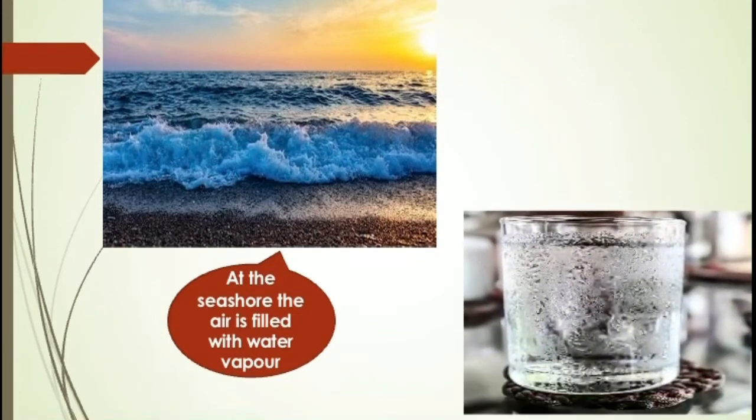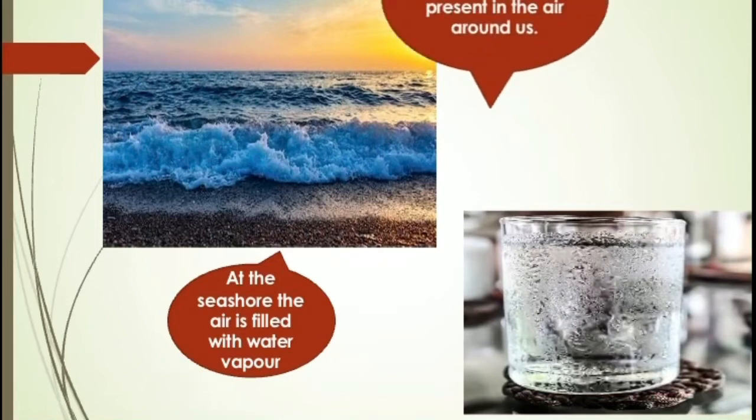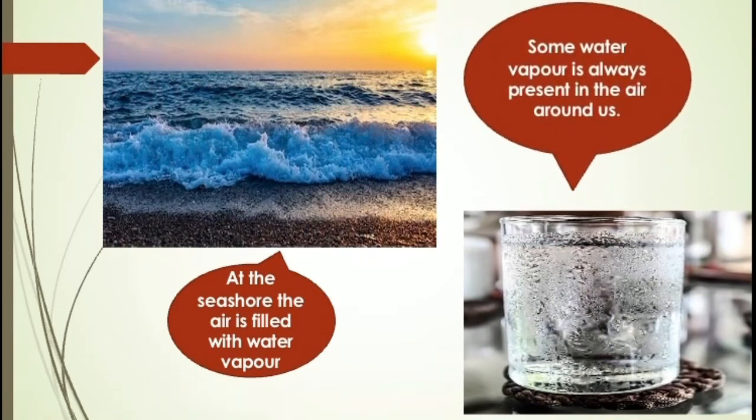You can see the water droplets on the glass of cold water. Why is that so? Because the vapor touches the cold surface and you see the droplets around the glass, right? Yes, so that is why we see the water droplets.